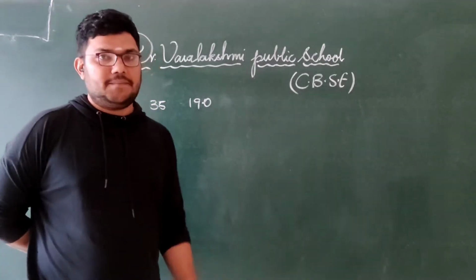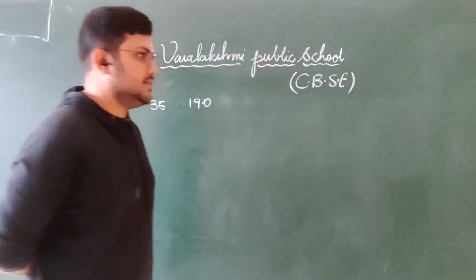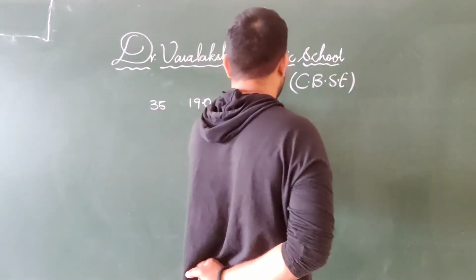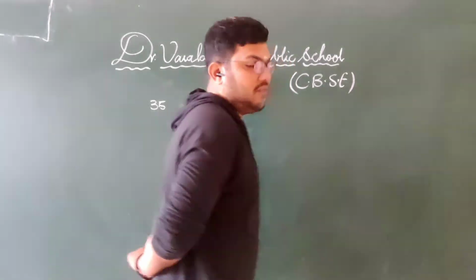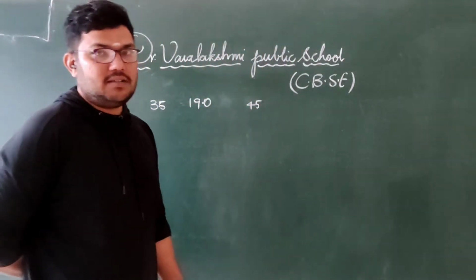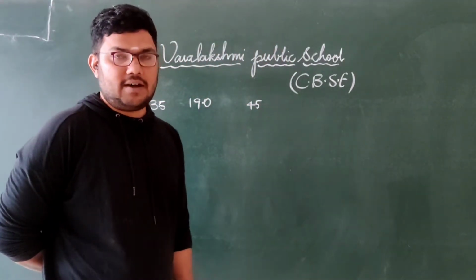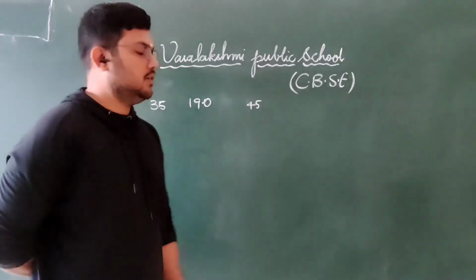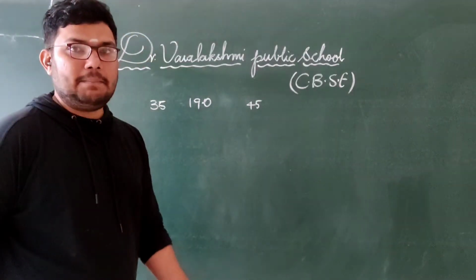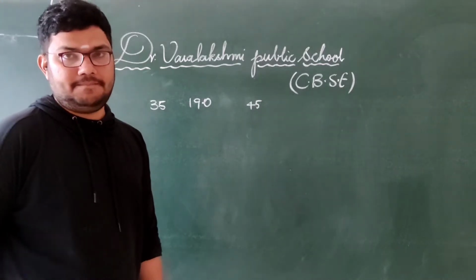After that, if they ask you what is 30% of 45, just do one thing: multiply 45 with 3.